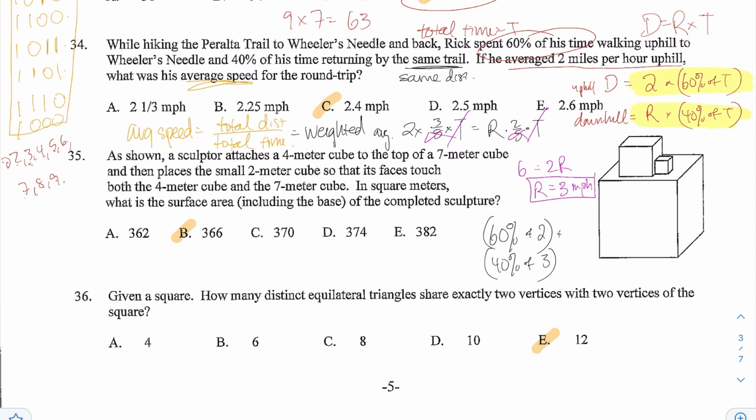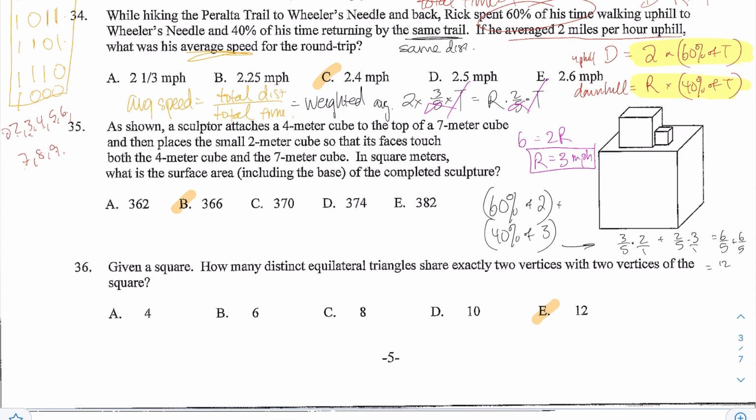So here, just turn this equation to 3/5 times 2 plus 2/5 times 3. So that would be 6 over 5 plus 6 over 5, or 12 over 5.